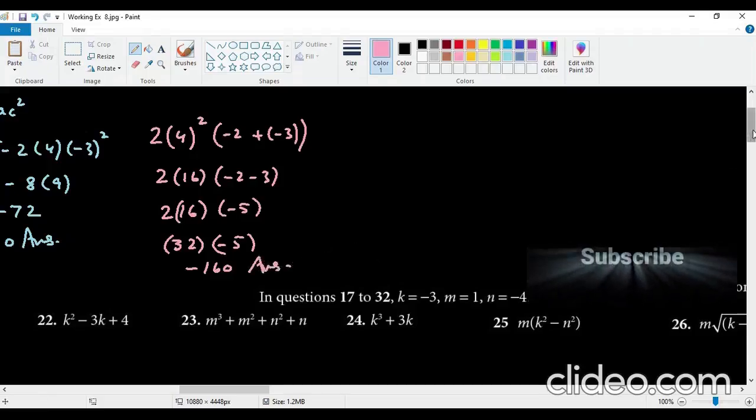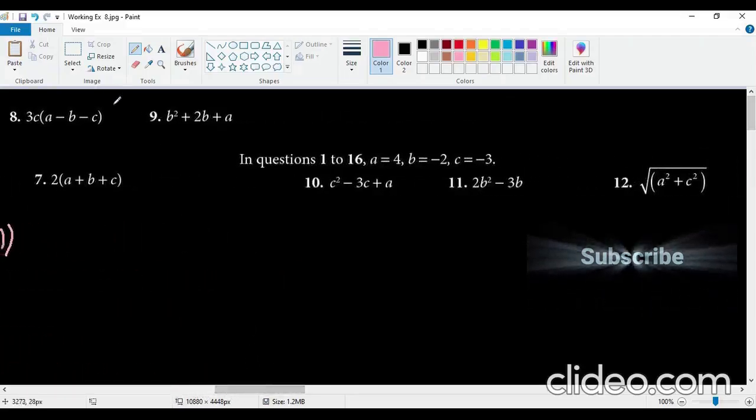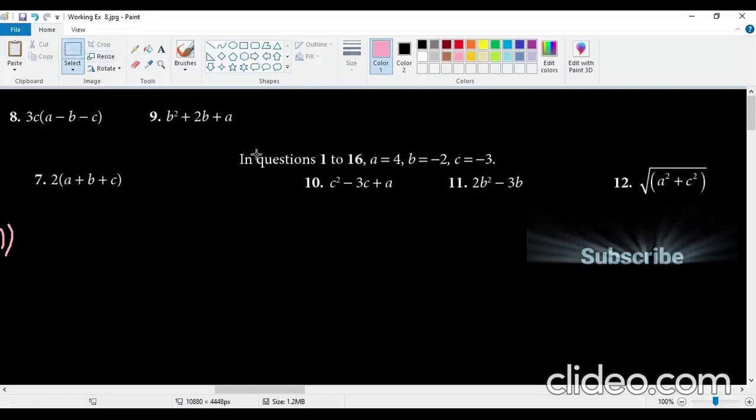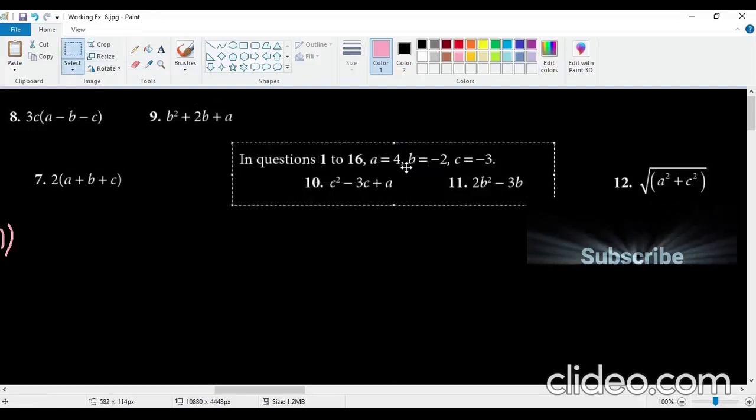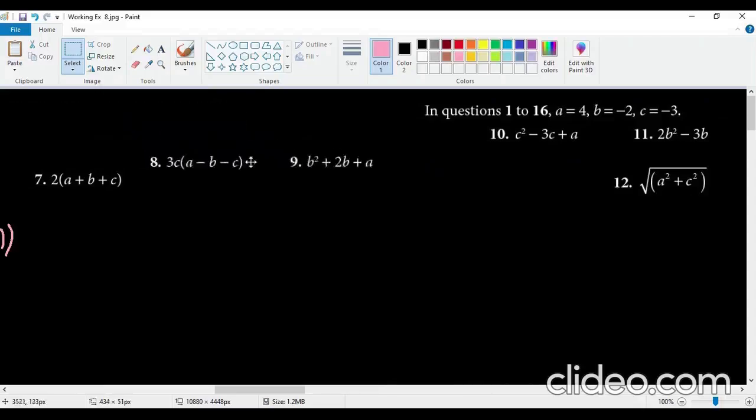Moving on to the next question, which is question number 7. I should move this a little up here, and question number 8 and 9 are going to be placed here.